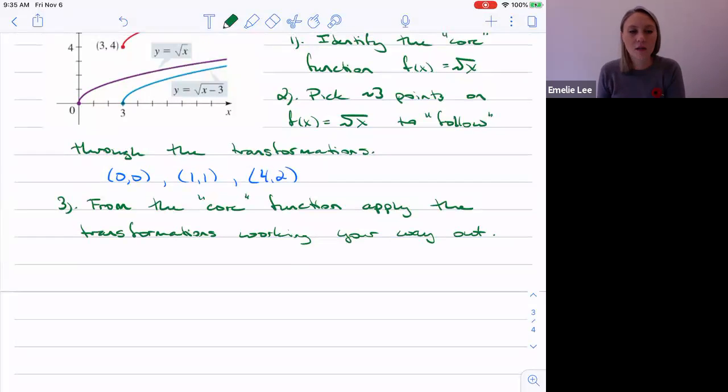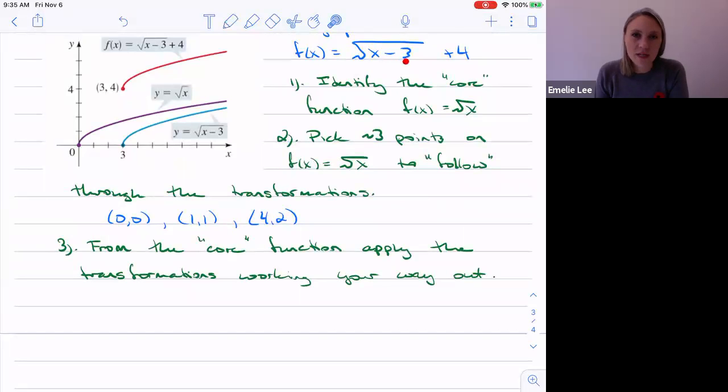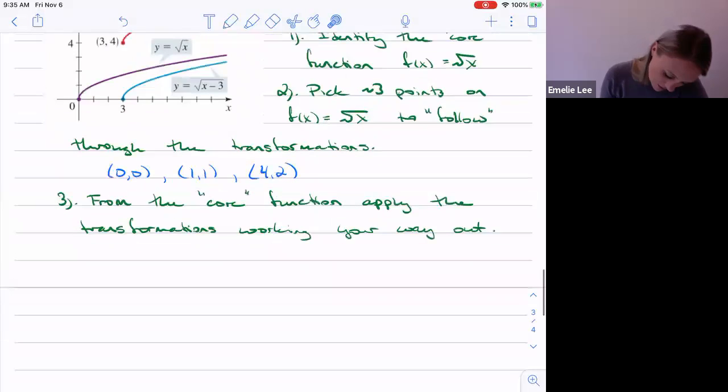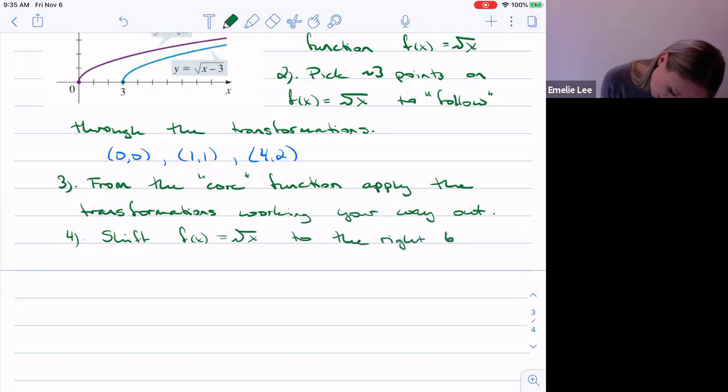Okay. So in this case, root x minus 3, we would plot those points first. So in this case, whoops, 4. Shift f of x equals root x to the right by 3 units.